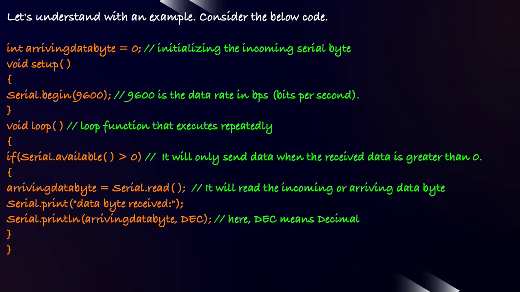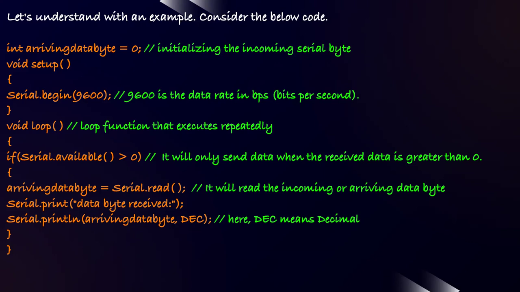Now this is a loop function that is executed continuously or repeatedly. What is the condition that we have used? Try to understand, dear students. This is about the if condition. If Serial.available is greater than 0, that means it will only proceed when the received data is greater than 0. Understood? Try to get the point.